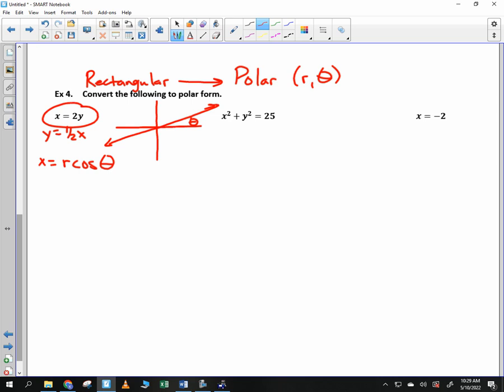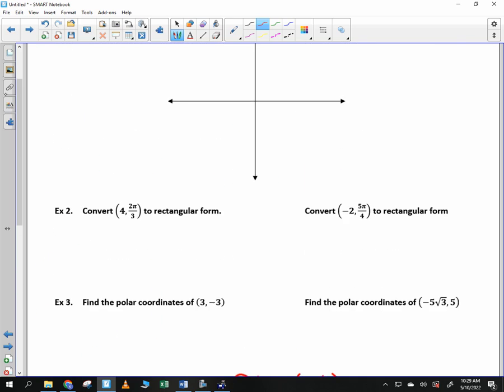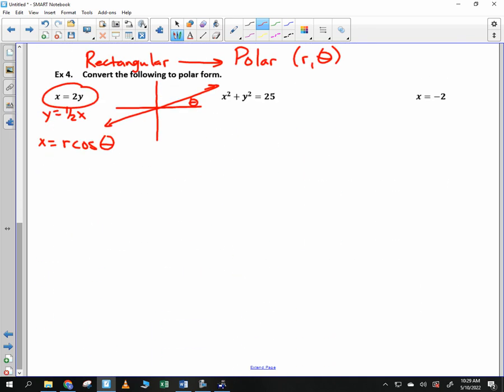I told you that the stuff that we put down up there would be very important to you. So x equals r cosine of theta, and y is equal to r sine of theta. Okay? And so I'm going to put r cosine of theta in for x, equals 2 times r sine of theta in for y.